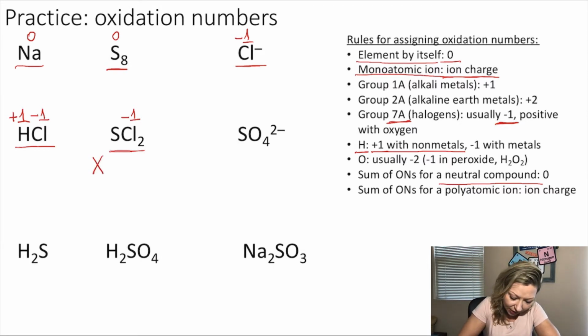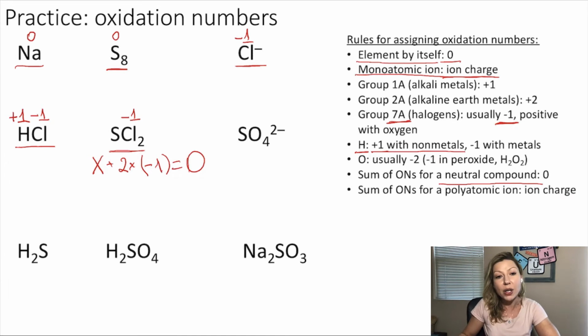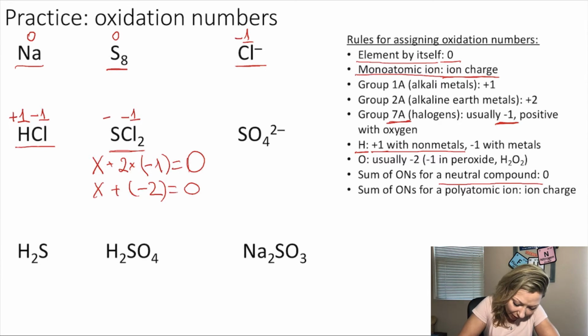So if we add to X 2 times the oxidation number of chlorine, which is -1, the sum should give us 0 because this is a neutral compound. From here, we can solve for x. X plus -2 equals 0. So x should equal how much? Plus 2, right? So we simply figured out the oxidation number of sulfur.